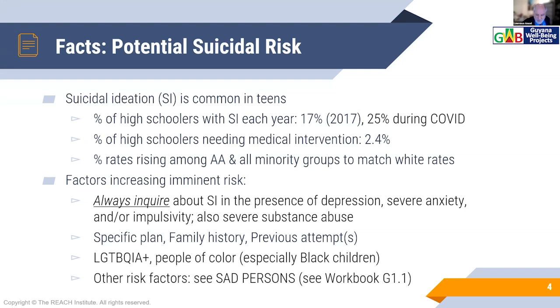One idea about that was that because those communities faced greater hardship, people had greater resilience to hardship. But it was unclear. What we do know is that the rates are rising right now among minority groups.